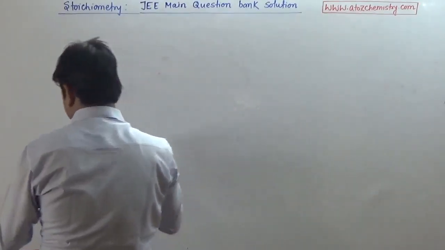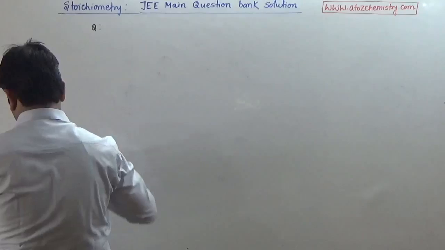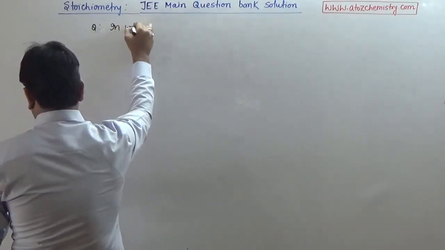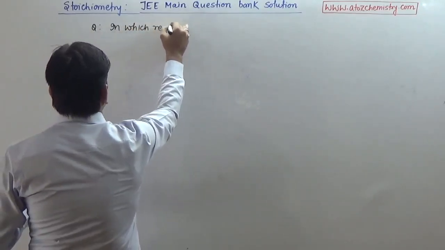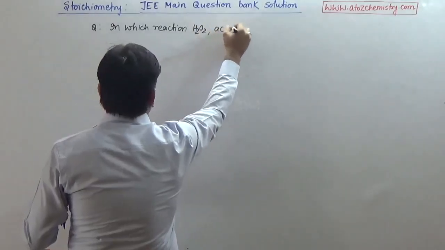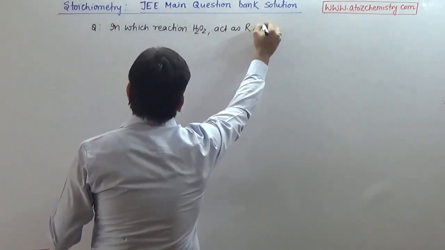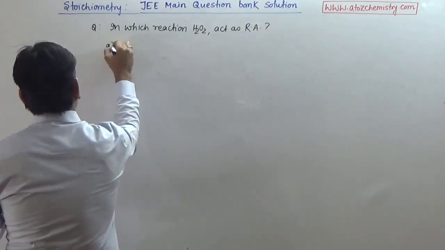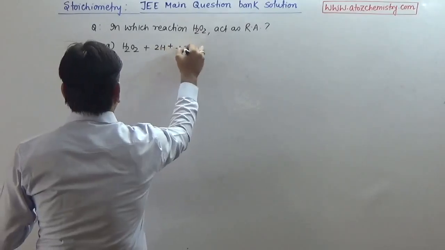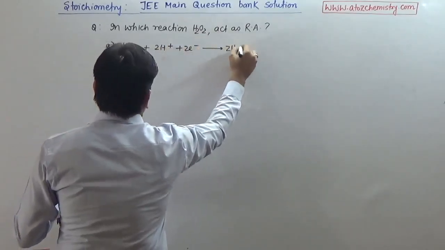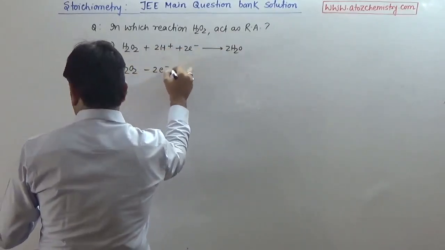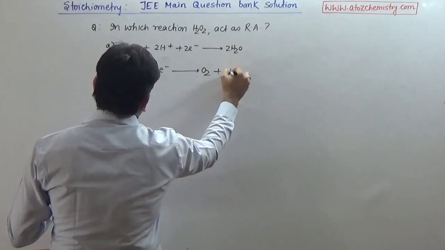Next question was, in which reaction does H2O2 act as a reducing agent? A option is H2O2 plus 2H plus plus 2 electrons gives 2H2O. B option is H2O2 minus 2 electrons gives O2 plus 2H plus.